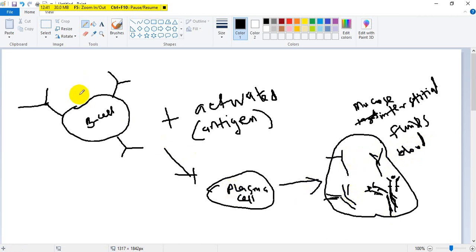It is the naive B cell that, upon antigenic stimulation, when you present an organism to it, changes to become a plasma cell, which is the active form of the B cell, which produces these systemic antibodies that are located in the mucous membranes, interstitial fluids, and your blood.